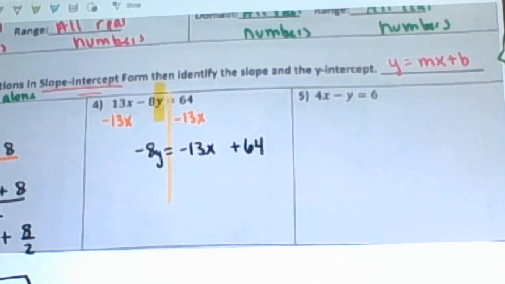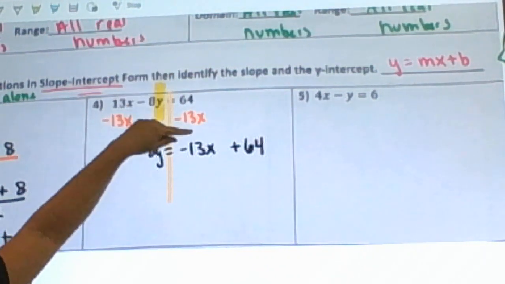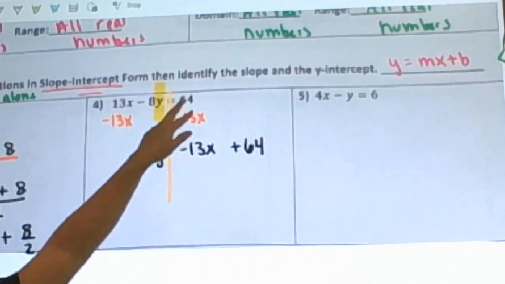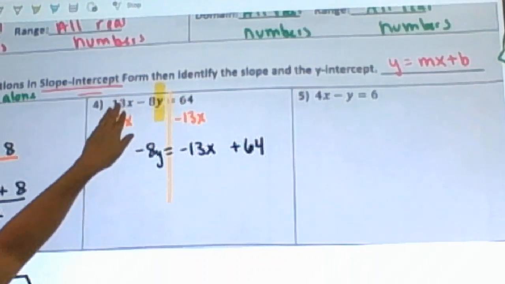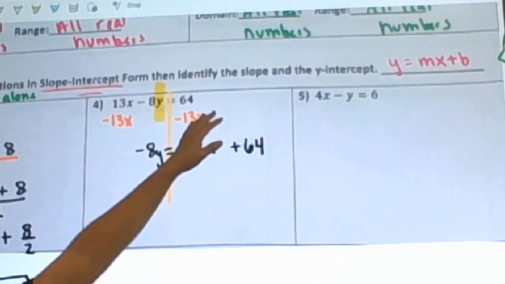I thought it was negative x. Because this is x, I can't do 64 minus 13 if the x is with it. They're not like terms. So this is a movement. It's not a combining. I'm just moving it to the other side.